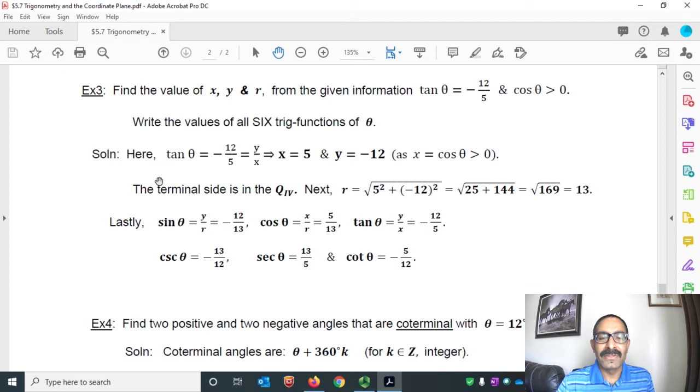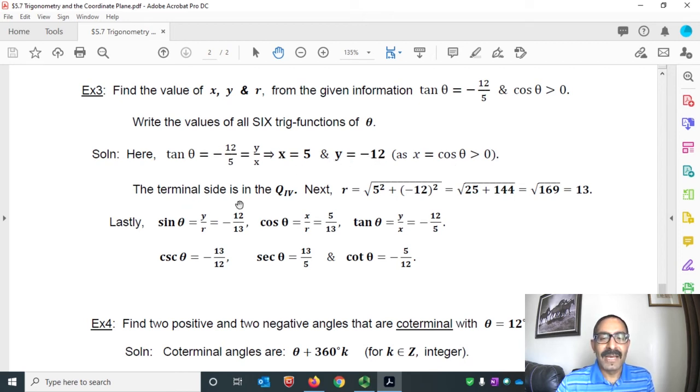Here tan theta equals negative 12 over 5, and the ratio of y and x is tan theta. Then from here, x is 5 and y is negative 12, and given cosine theta is positive, that means x is positive, so that's why y is negative 12 here.